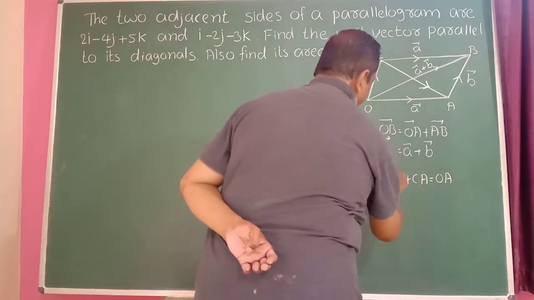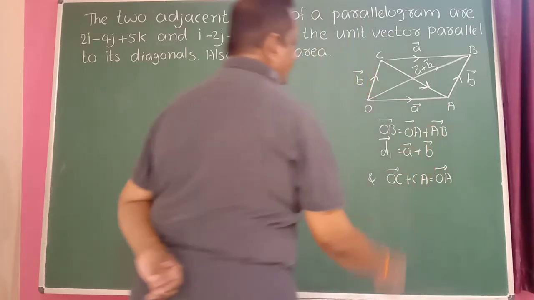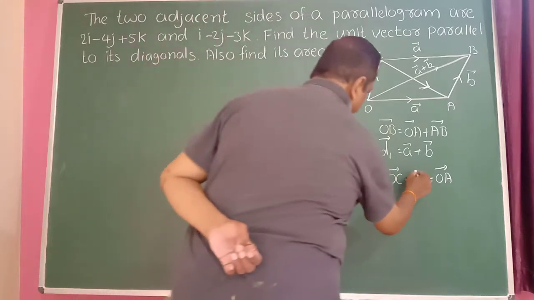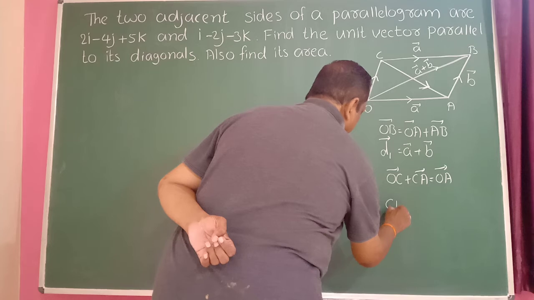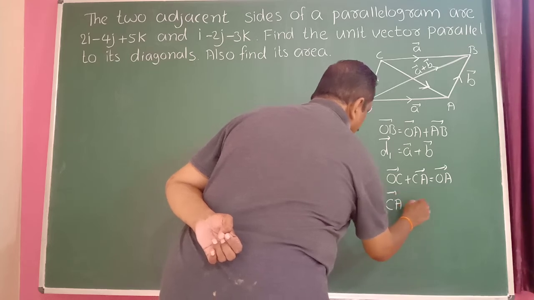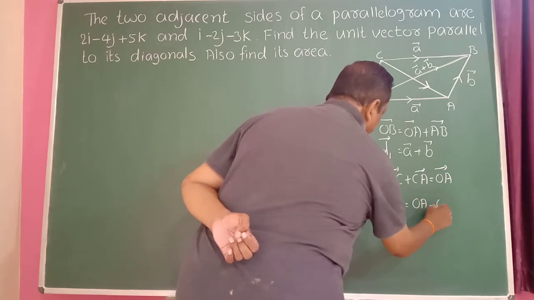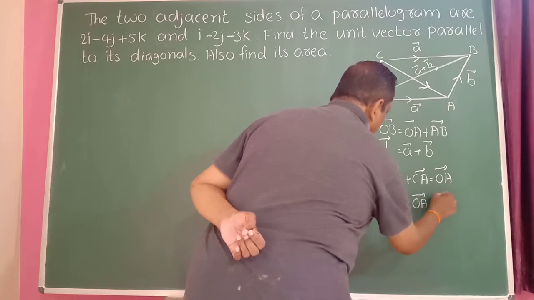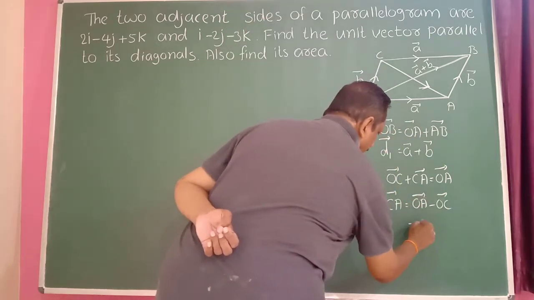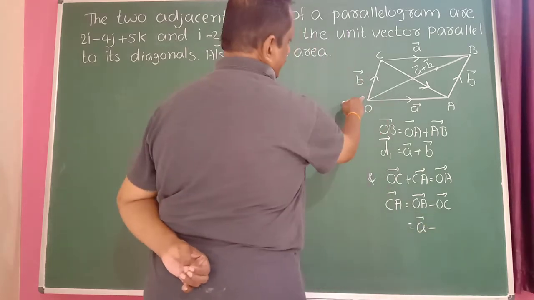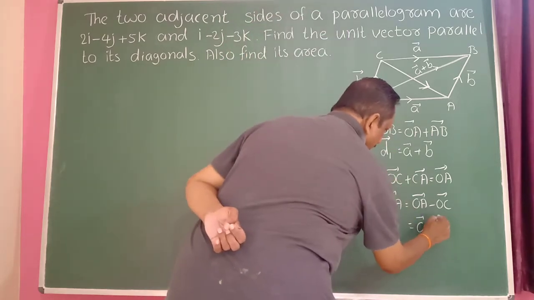Taking OC to the right-hand side, CA is equal to OA minus OC. And you know that OA is A bar, and OC is B bar.